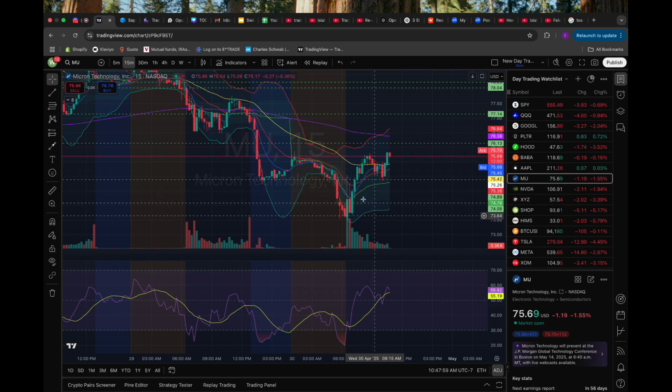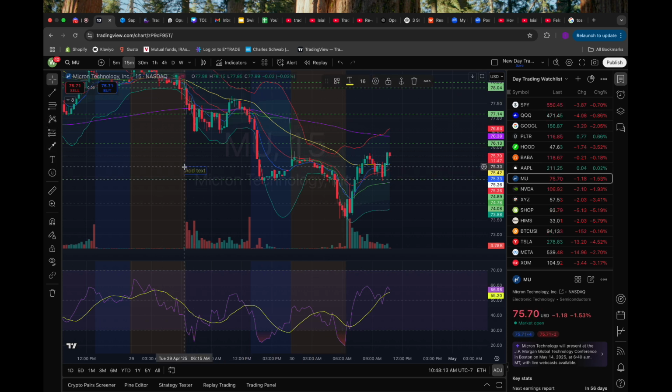So I ended up taking an entry on my trade right here, okay? So my yellow line is the 50 EMA, okay? My purple line is the 200 EMA, all right?